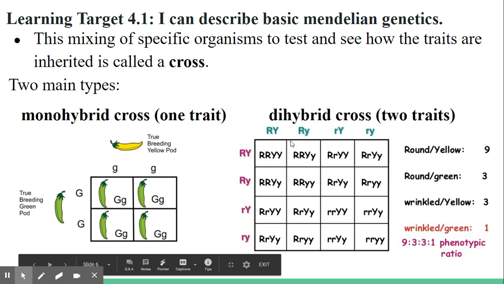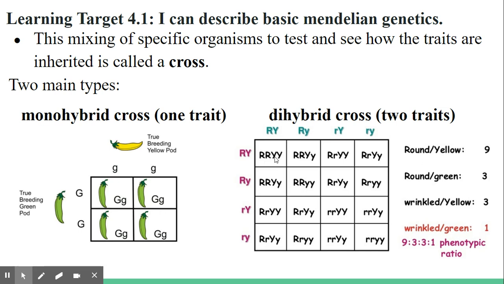I'm going to point out a few of these, and I want you to be able to point out the other ones. So right here, we have a big R, a big Y, and a little y. Knowing that the big Y is dominant over the little y, which is the green color, this is going to be yellow. So a round yellow, meaning it falls within those 9 round yellow phenotypes.